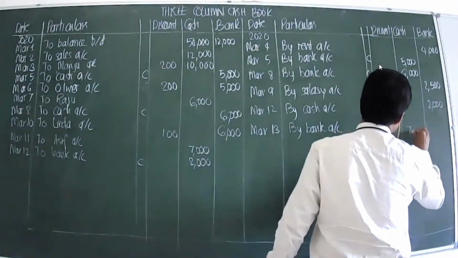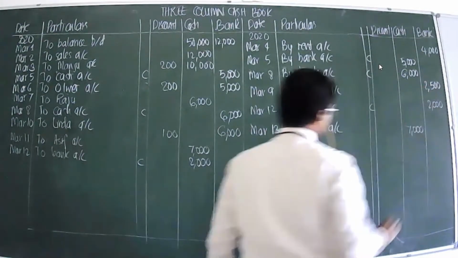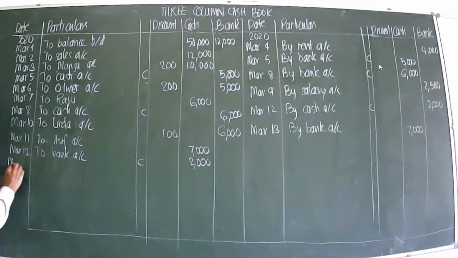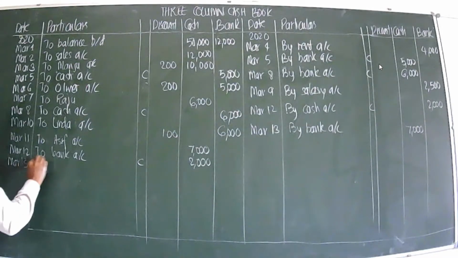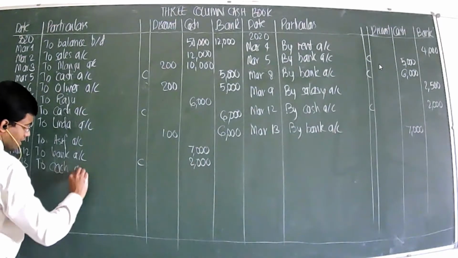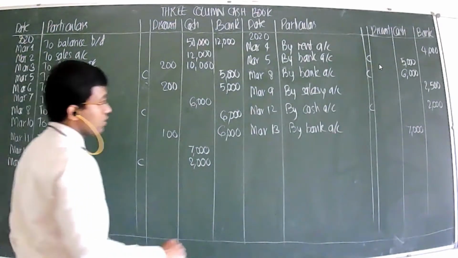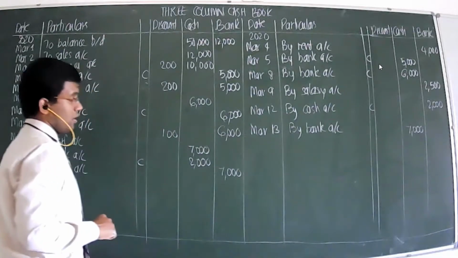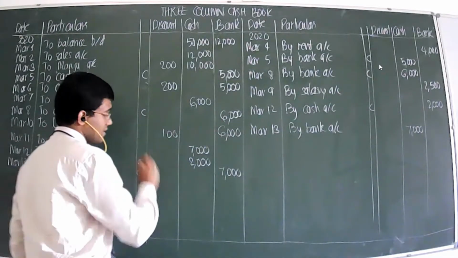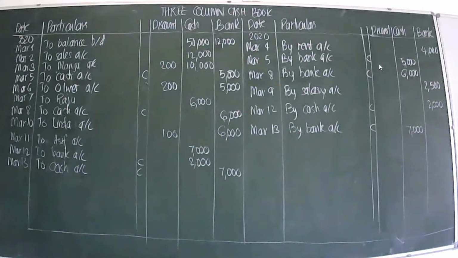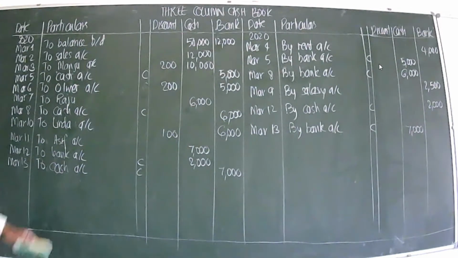So the check worth 7,000 is going out. And March 13th, you're depositing the check into the bank. So to cash account 7,000. So remember, what type of entry is this? This is a contra entry. Okay, this is a contra entry.